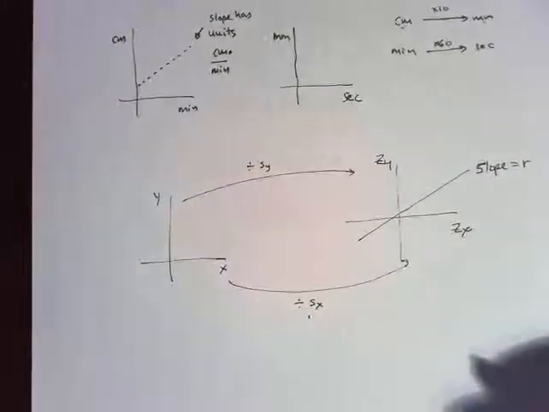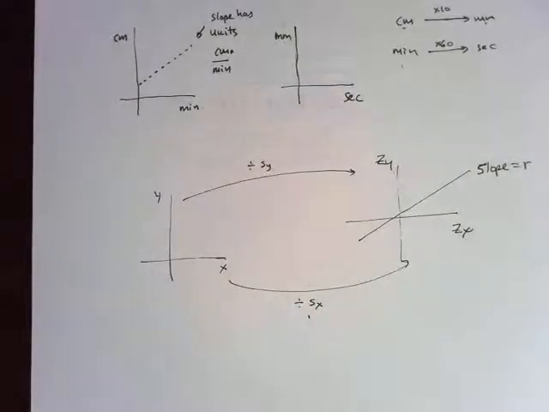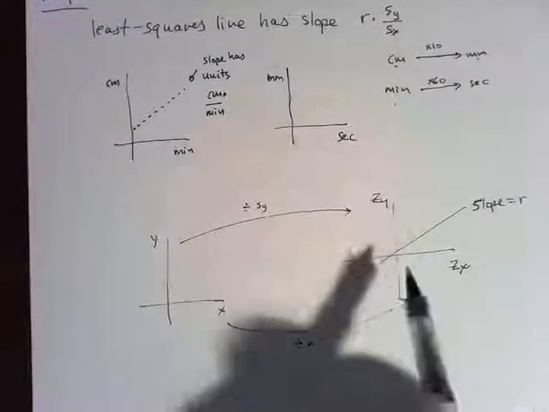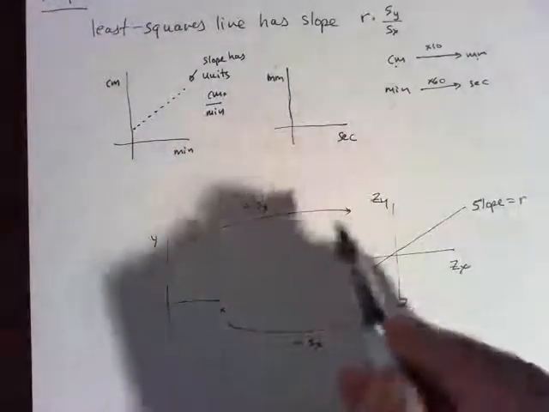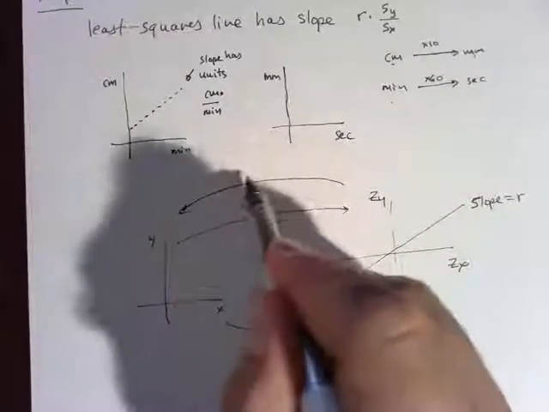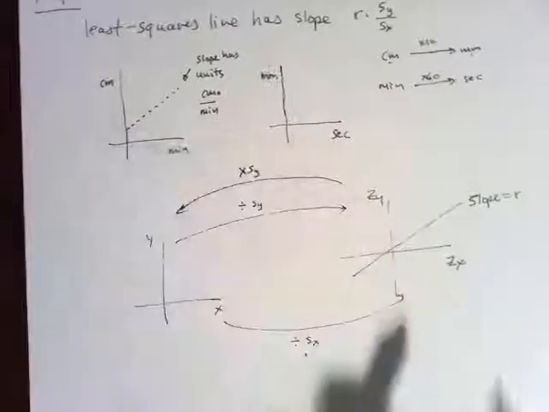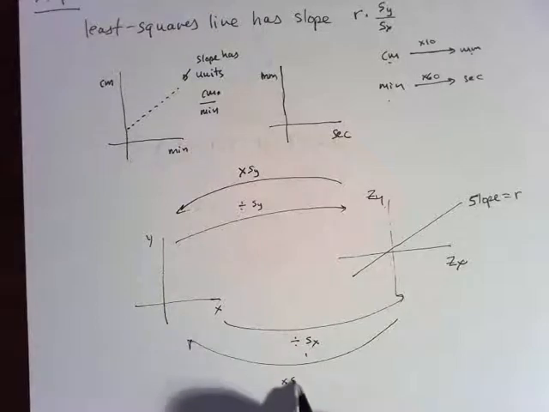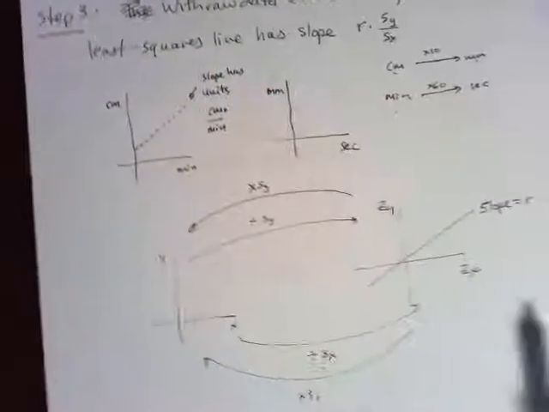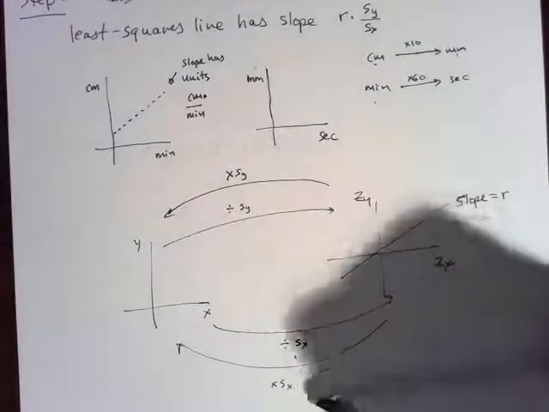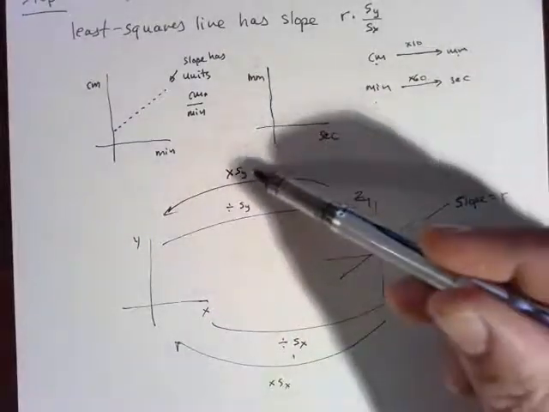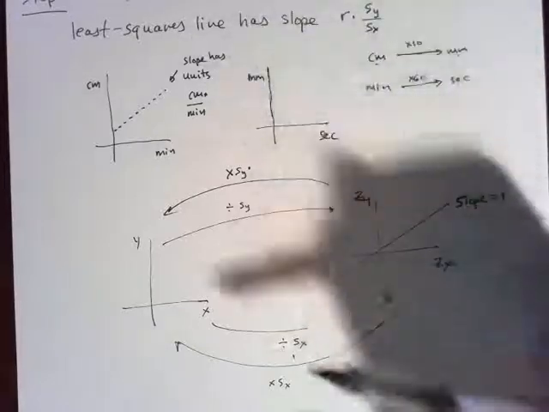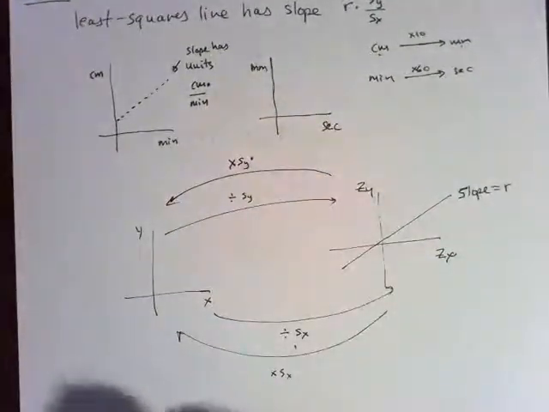Now over here, we've proved that the least squares line has slope equal to r. That was the previous page. Now I want to know, what is the slope of the least squares line going here? Well, I'm just going to use this idea. In changing from these units back to here, if I'm going back, I have to multiply by the standard deviation of the y's, and I have to multiply by the standard deviation of the x's in going back. And since slope is change in y over change in x, I get this multiplication multiplying my slope, and I get this dividing my slope.